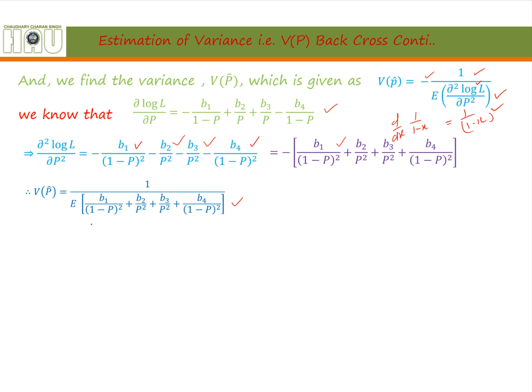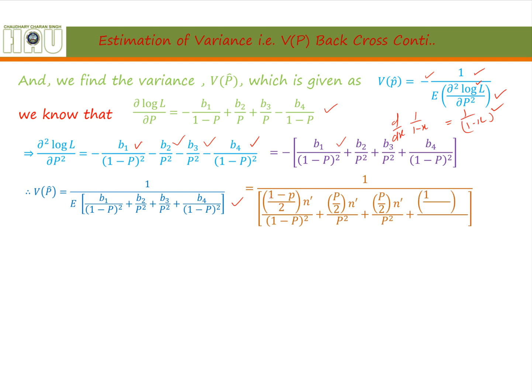Now what is the expected value of this thing? That is important. B1 is the observed number. Its expectation is 1 minus P by 2 multiplied by N in the case of the coupling phase, divided by this thing.